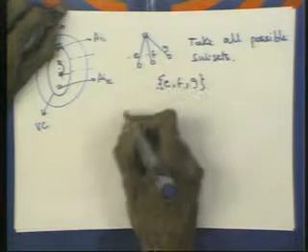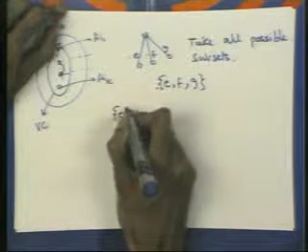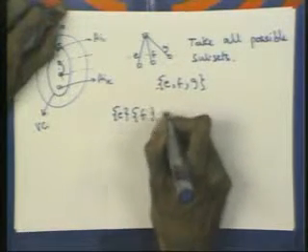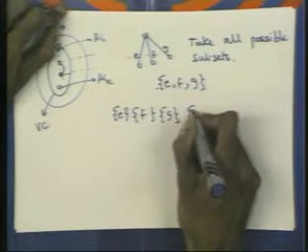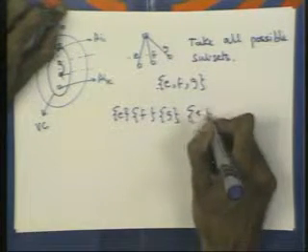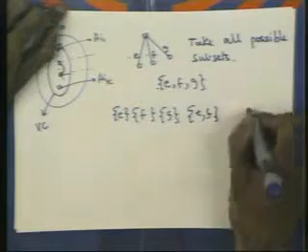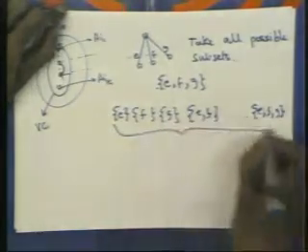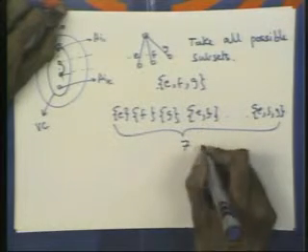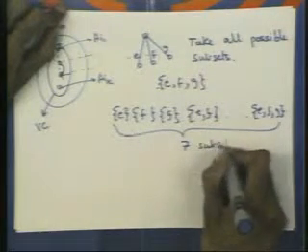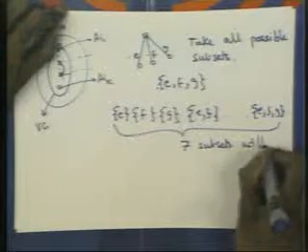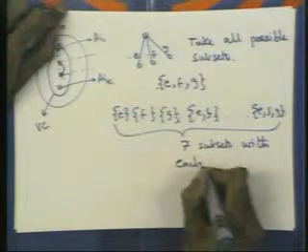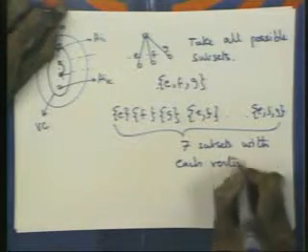Instead of this, I'll have now {E}, {F}, {G}, and then all pairs {E, F} and so on, and finally {E, F, G}. So there are 7 of these with each vertex.